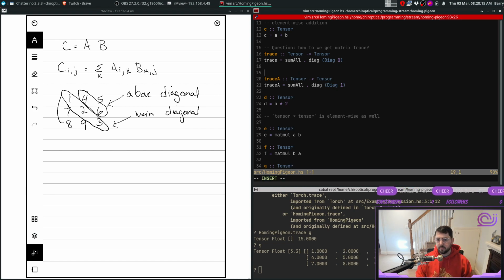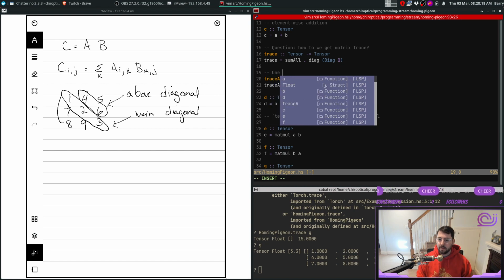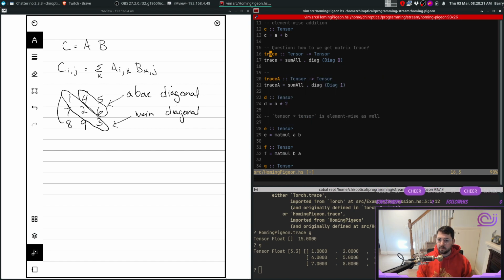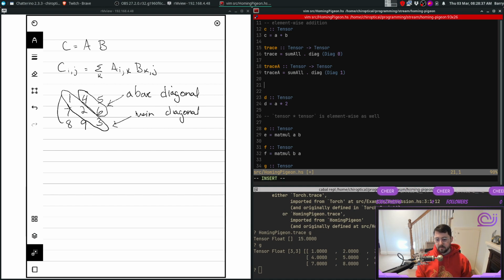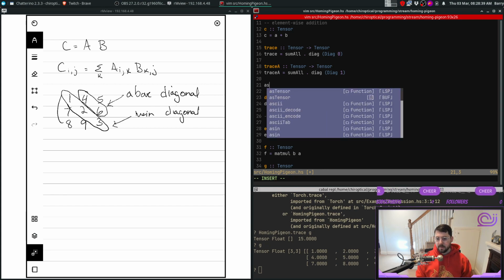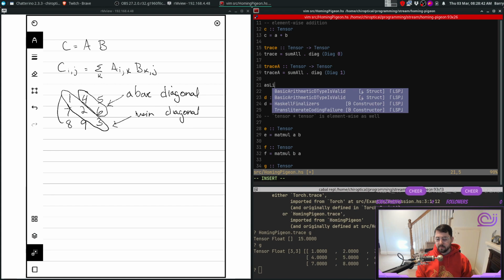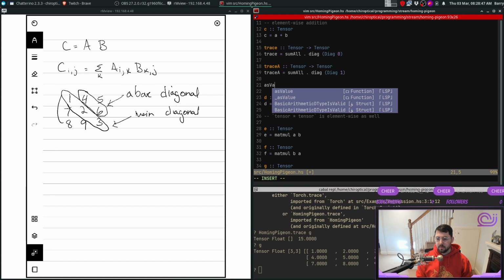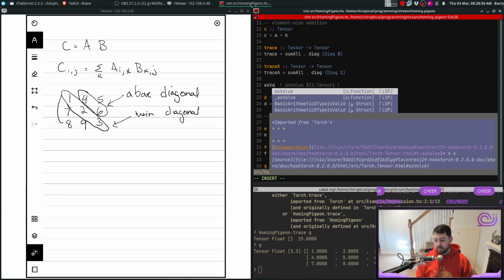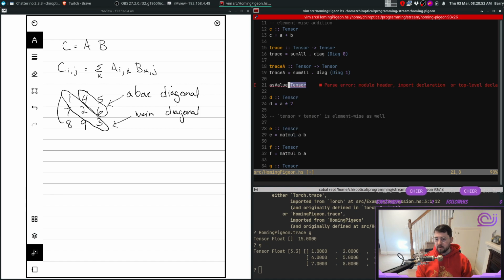So this grabs 1. So there's our trace function. That was cool. And we should be able to convert it back to a list, probably with maybe as list. So is there an as list? There's an as value. Oh, interesting.